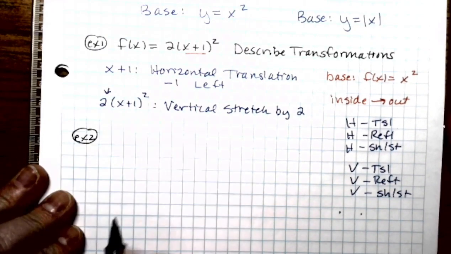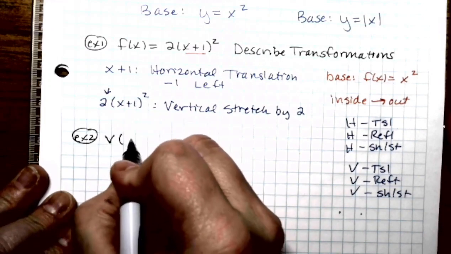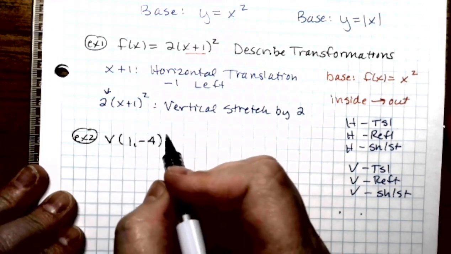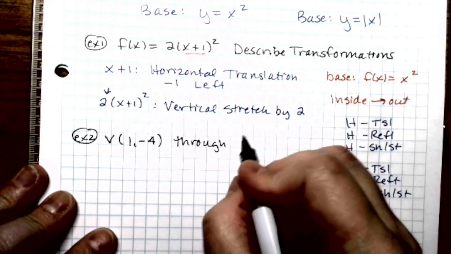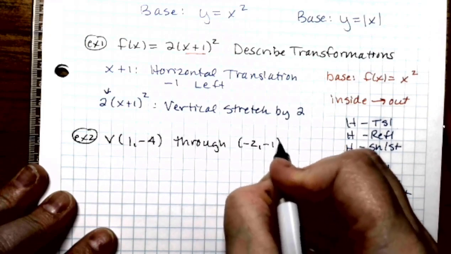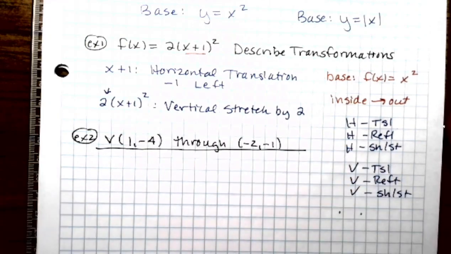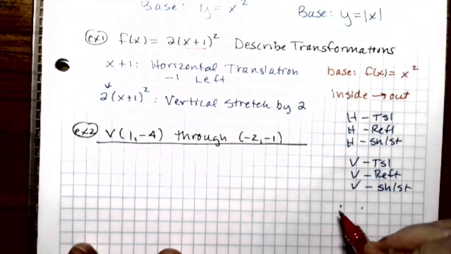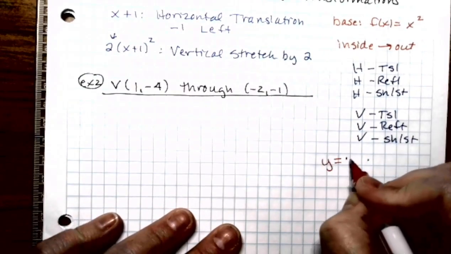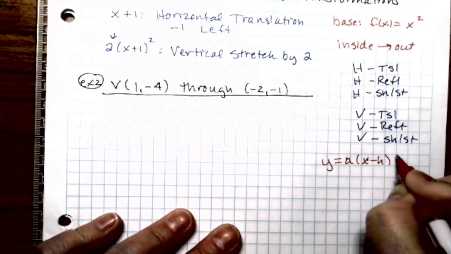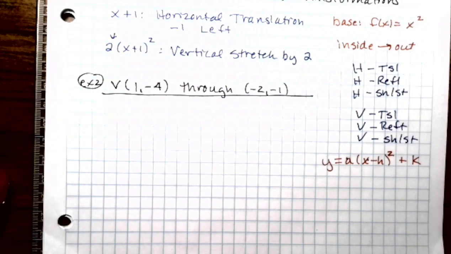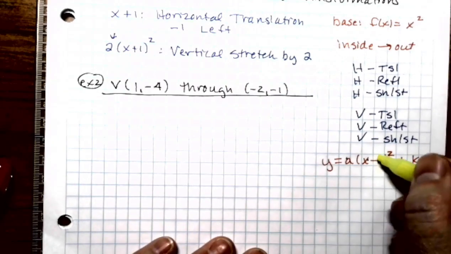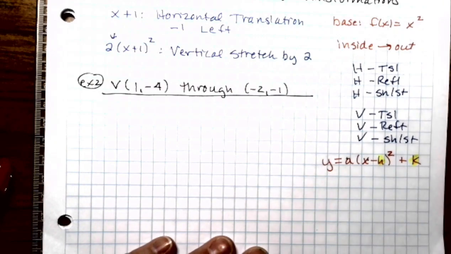Let's say that you have a vertex at (1, -4), and your parabola is passing through the point (-2, -1), and you need to write the equation of the parabola. Okay, so our formula, again for vertex form, is y equals a times (x minus h) quantity squared plus k. Now, what they've supplied us with, the vertex, is the h and the k. We got that taken care of.